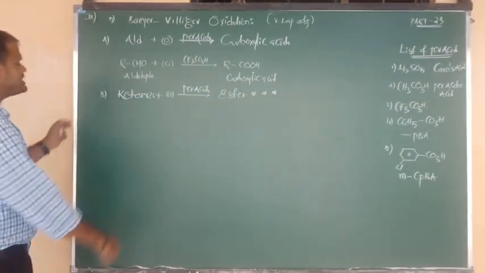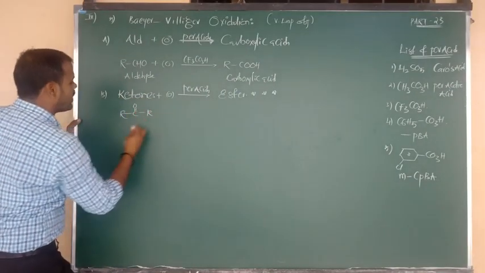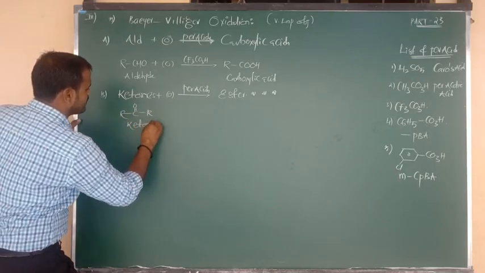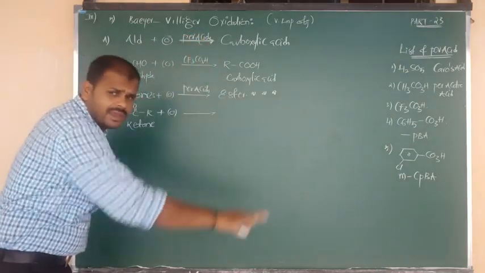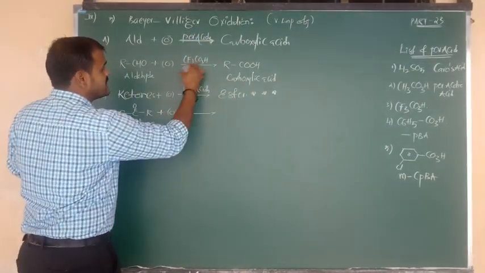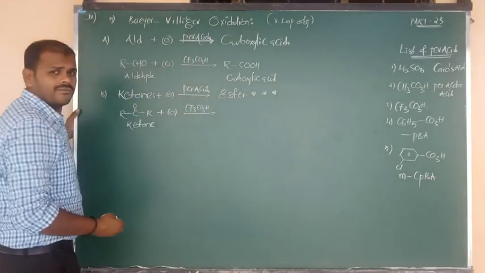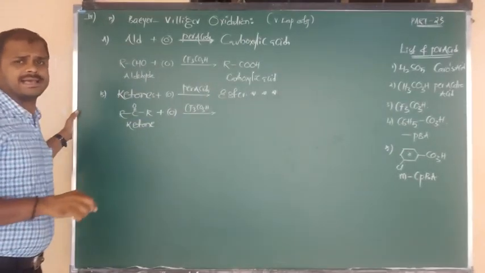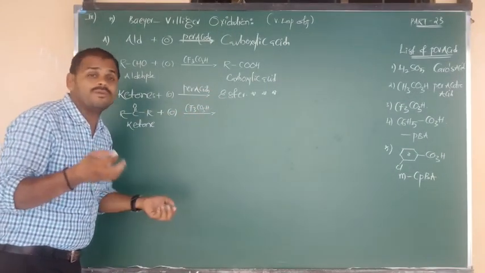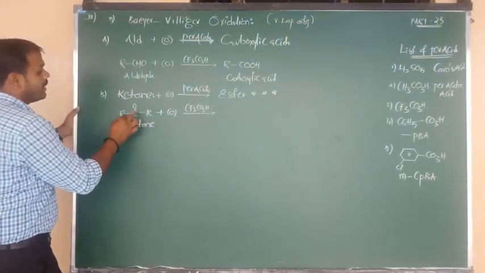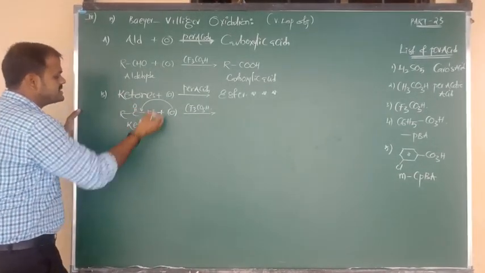How? Ketone, what is the general formula? R bonded to C double bond O, bonded to R. This is a ketone. Upon oxidation, again using any one peracid, first suppose CF3CO3H, pertrifluoroacetic acid. Dead easy, the product is an ester. Between the carbonyl carbon and the alkyl group, insertion of oxygen takes place.